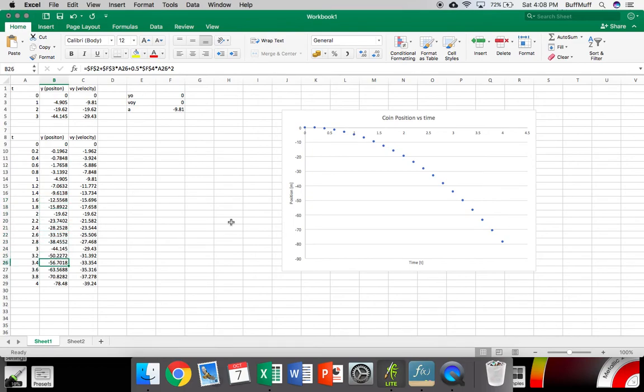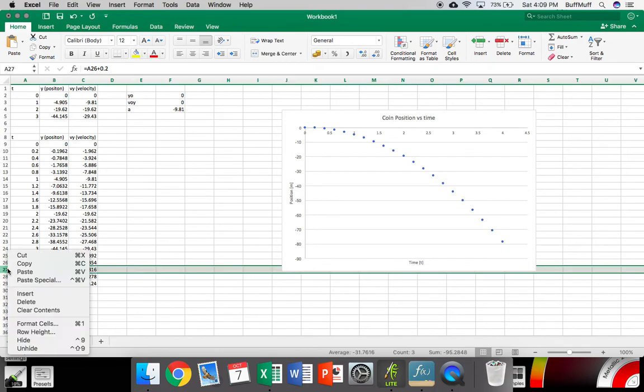So look right here, between 3.4 seconds and 3.6 seconds, we see that the ball passed from negative 56.7 to negative 63. So that means that at 3.4 seconds, the ball is just about to hit the ground, and at 3.6 seconds, this is indicating that the ball, if there was no ground, would have already passed the 57-meter mark. So we can estimate that my ball will take somewhere between 3.4 and 3.6 seconds.